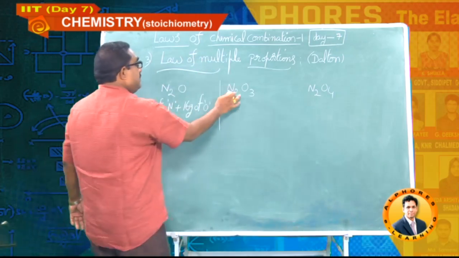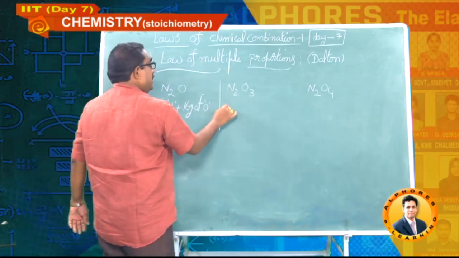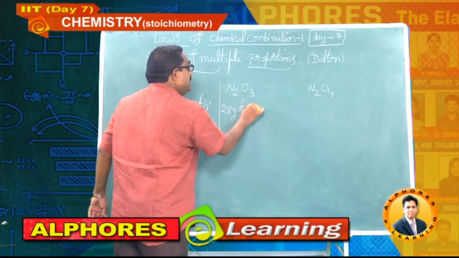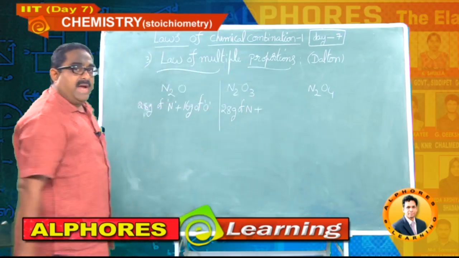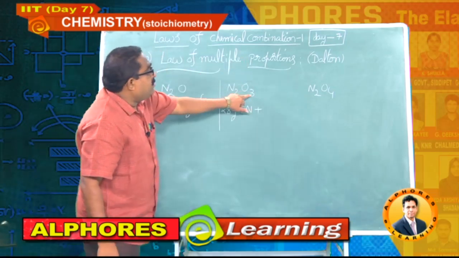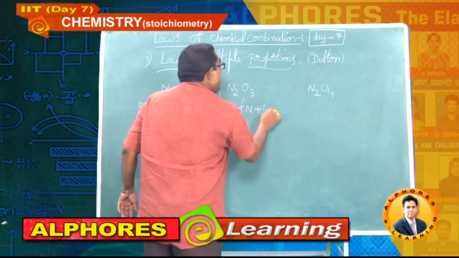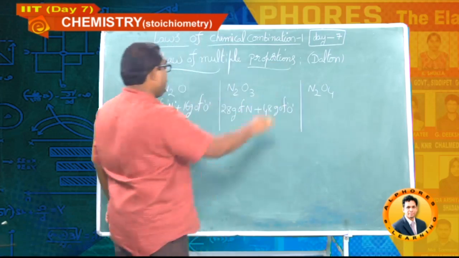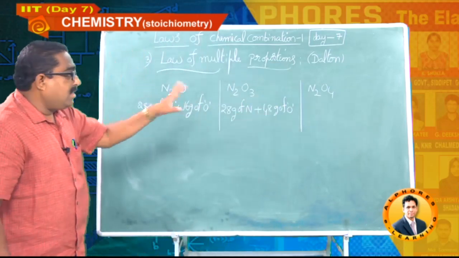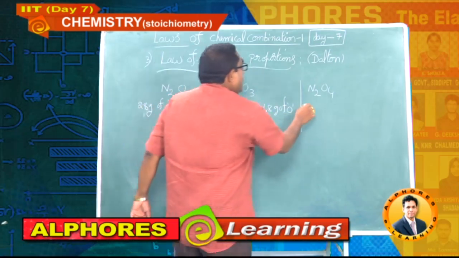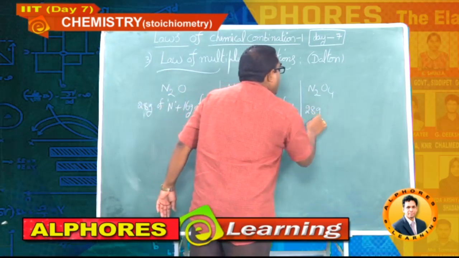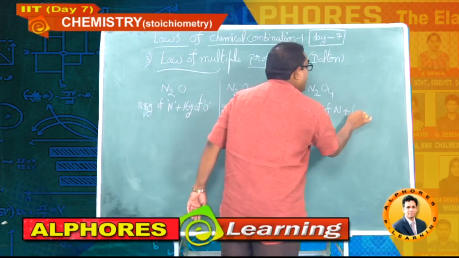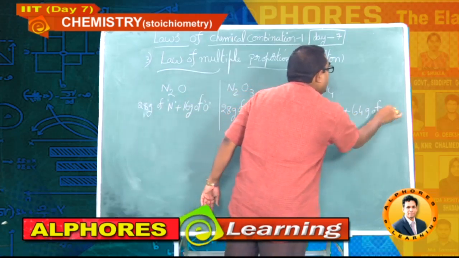Second one, same, 2 into 14, 28 grams of nitrogen combines with 3 into 16, 48 grams of oxygen. Next, third compound is also 28 grams of nitrogen combines with 4 into 16, 64 grams of oxygen.